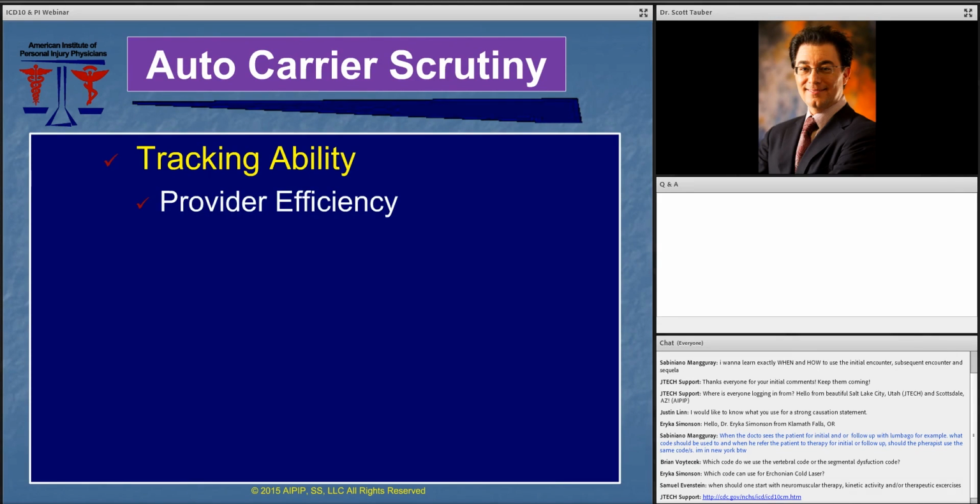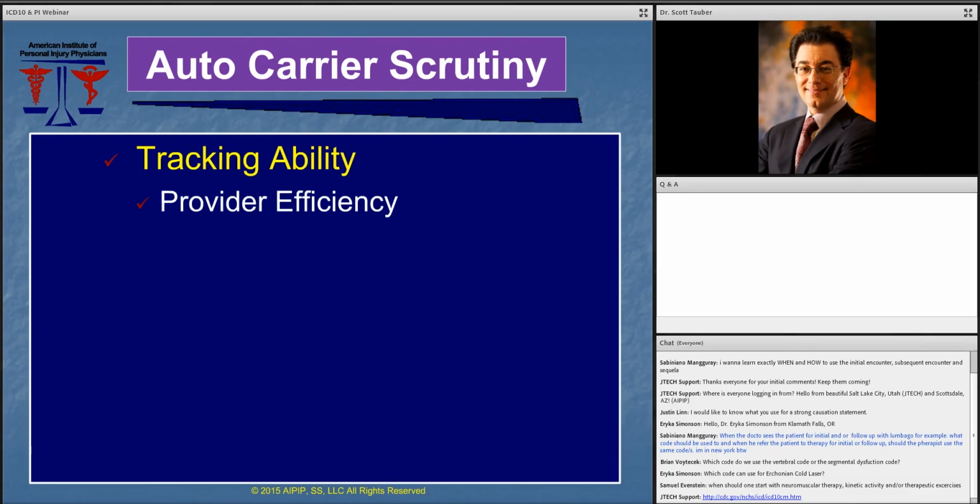So based on a certain set of codes that you use, sprain, strain, or both, and other codes as well, which providers are actually more efficient? It's going to get easier to track providers' efficiency. And don't think that's not what they're going to do. It's all about tracking and keeping an eye on everybody.